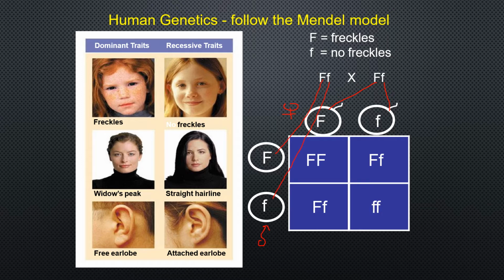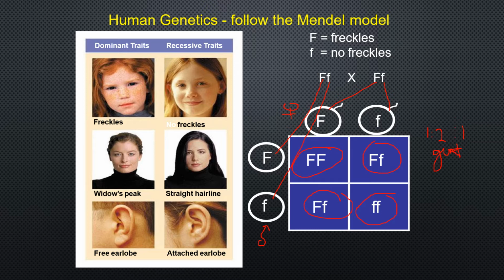What we get out of that is a homozygous dominant, a heterozygous dominant, another heterozygous dominant, and a homozygous recessive. So we have a 1 to 2 to 1 genotypic ratio.